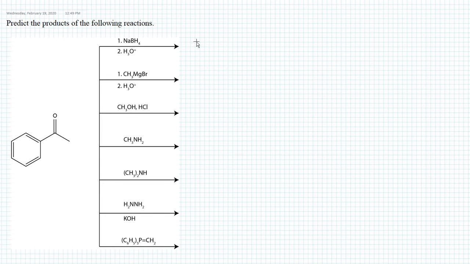So first, I'm going to draw the reaction here as if like a mechanism, but it's not a detailed mechanism. Let's write here the ketone first, then let's write just the hydride.